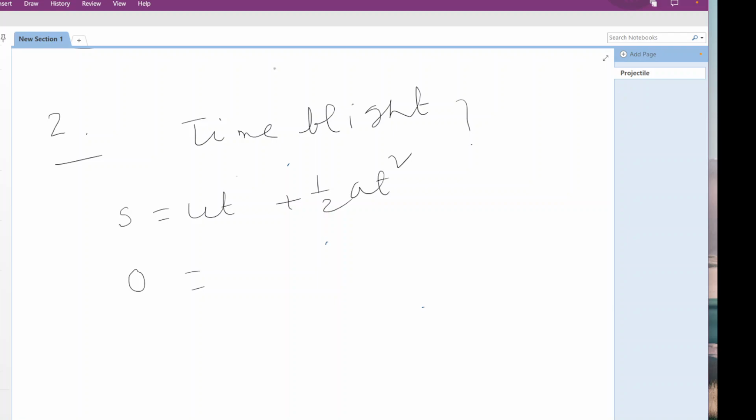And u is v sin alpha, a is minus g, and t squared.